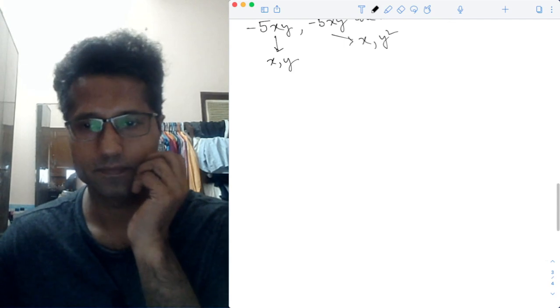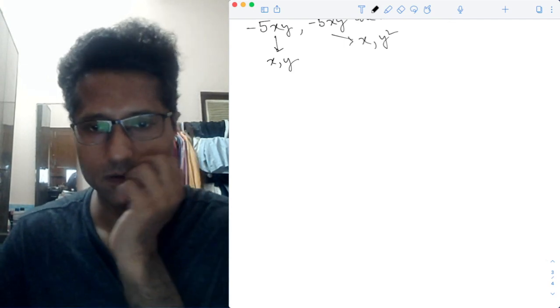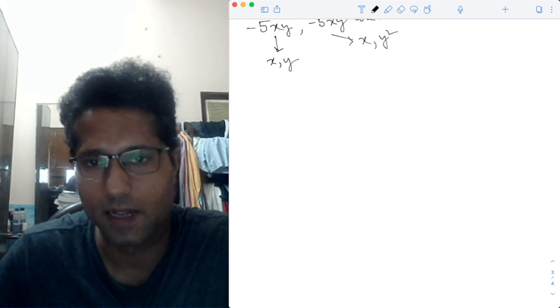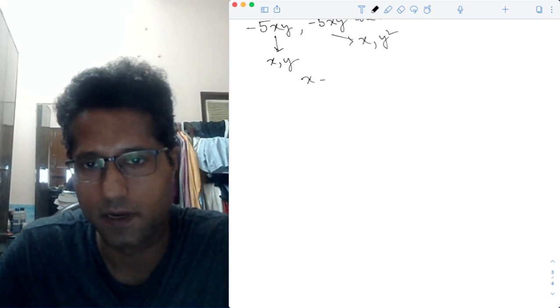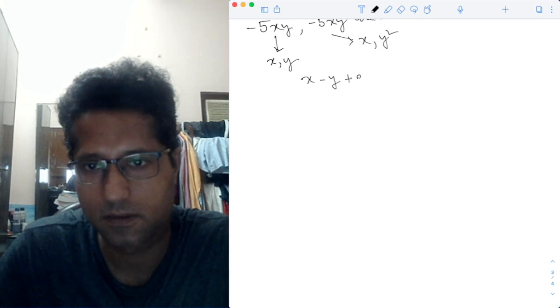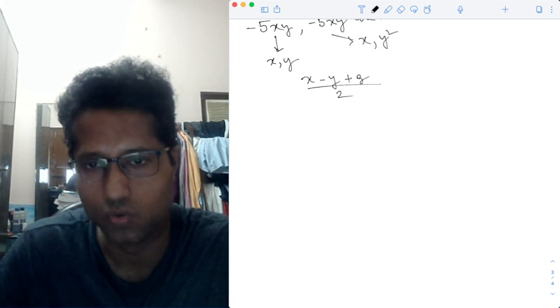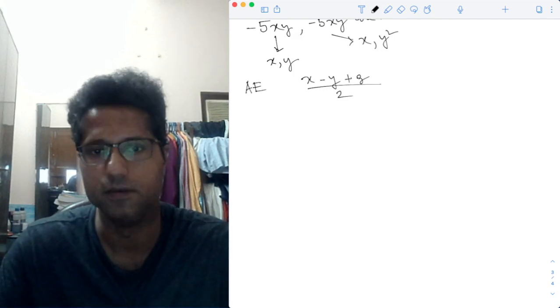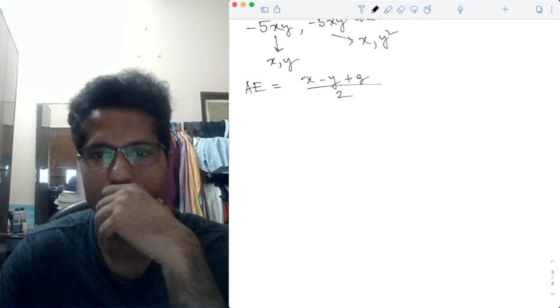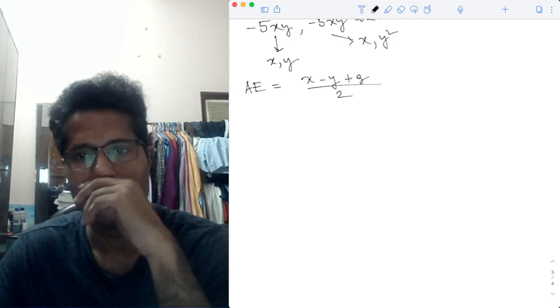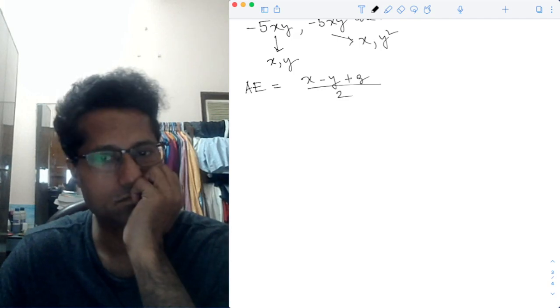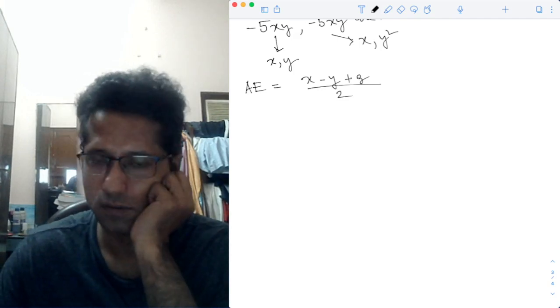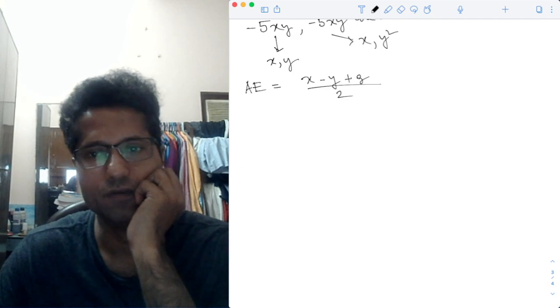So let's say we are given an algebraic expression: x minus y plus z, divided by 2. This is an algebraic expression, let's say I'm writing AE in short. Now, how many terms are there? If you say 1, it will be wrong.